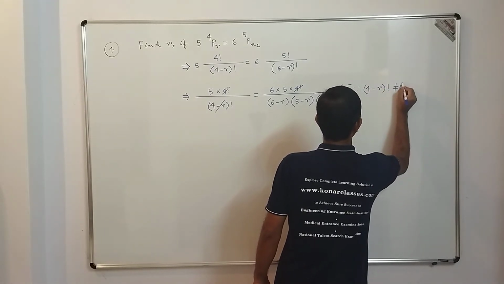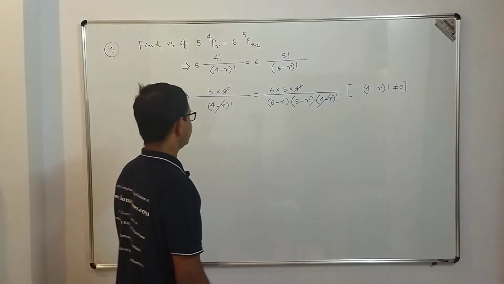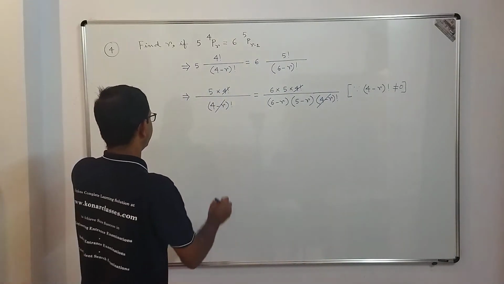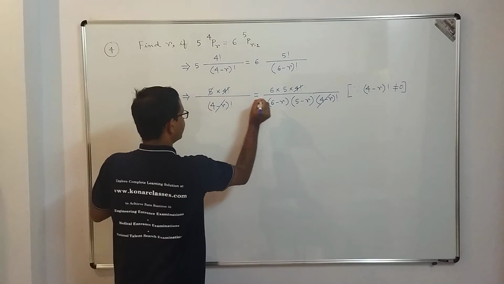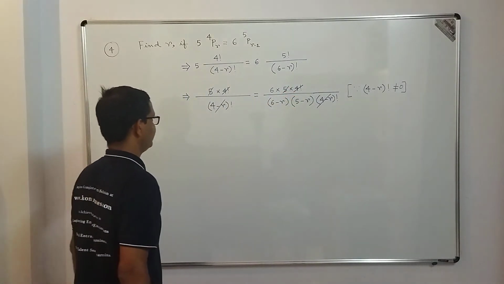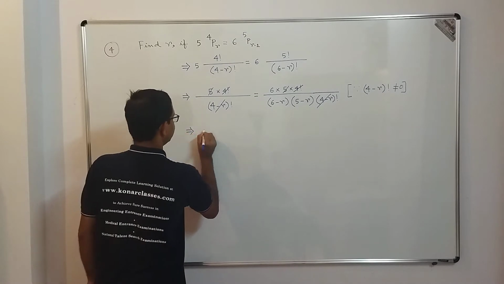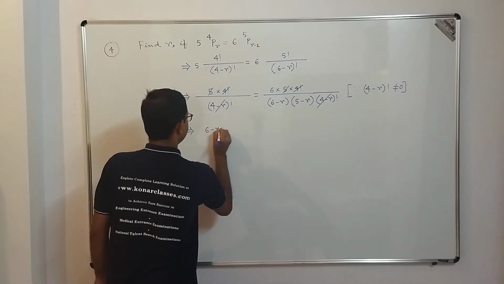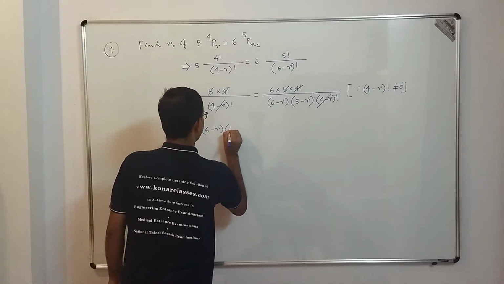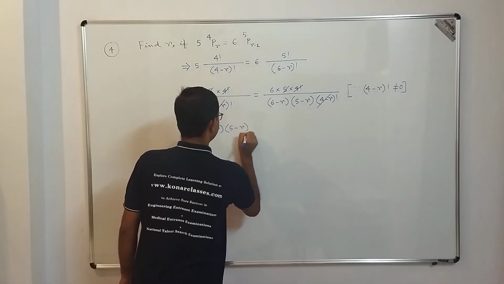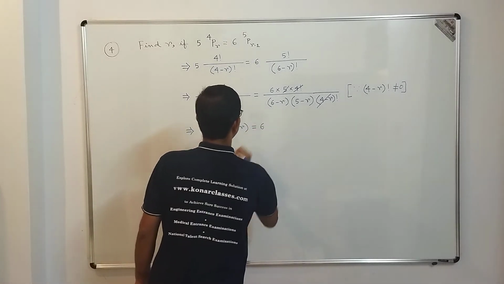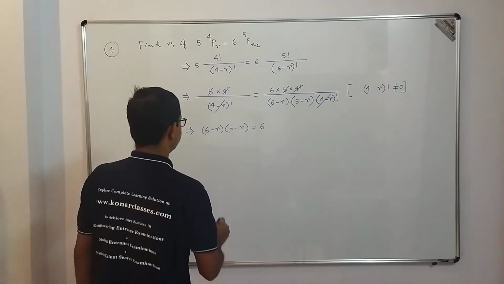So now dear students, 5 will get cancelled in both left hand and right hand side. So what we get is that 6 minus r into 5 minus r is equal to 6. Okay, so now let's break it off.